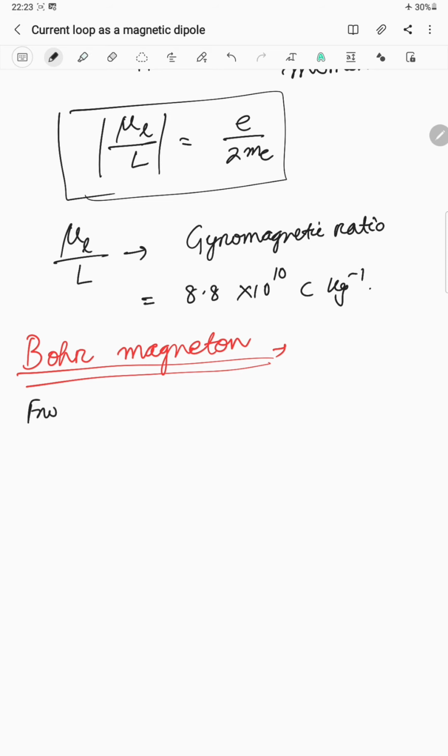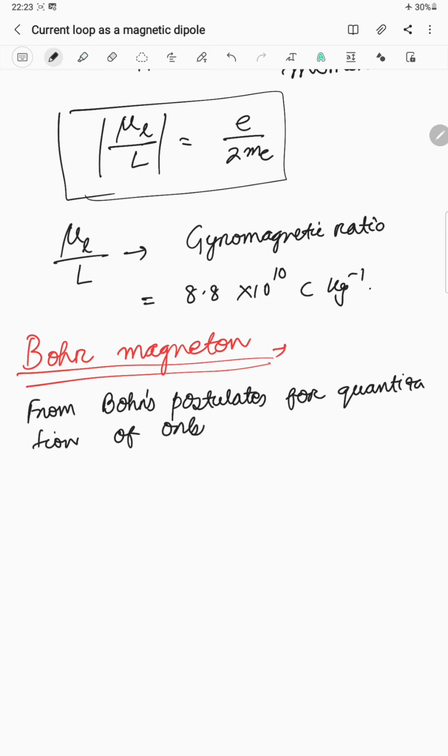And we know from Bohr's postulate for quantization of orbits, your angular momentum, which is mvr, is an integral multiple of h by 2 pi, where h is your Planck's constant.